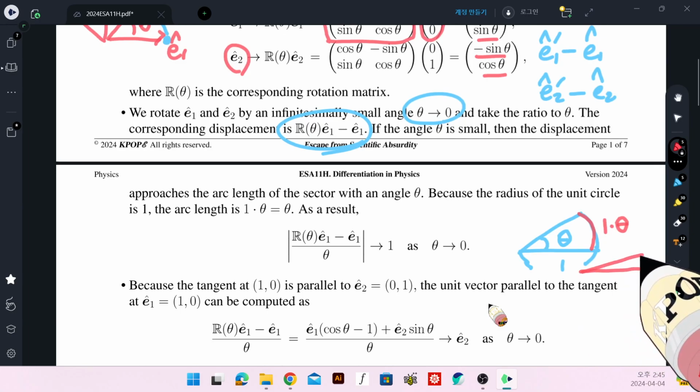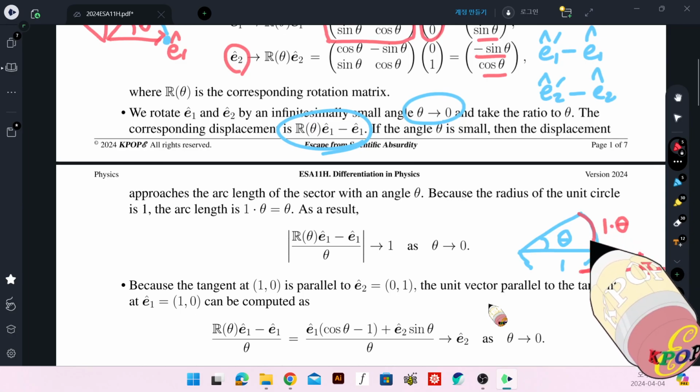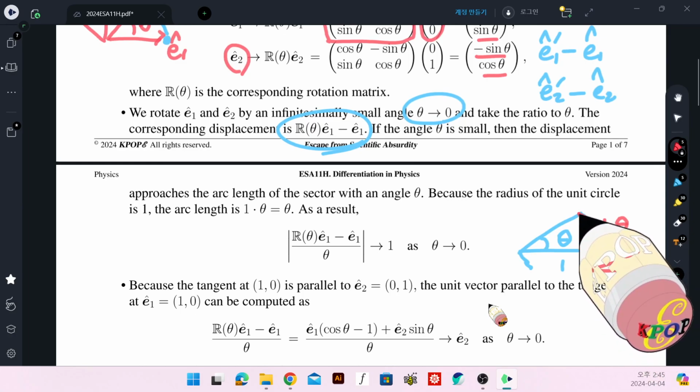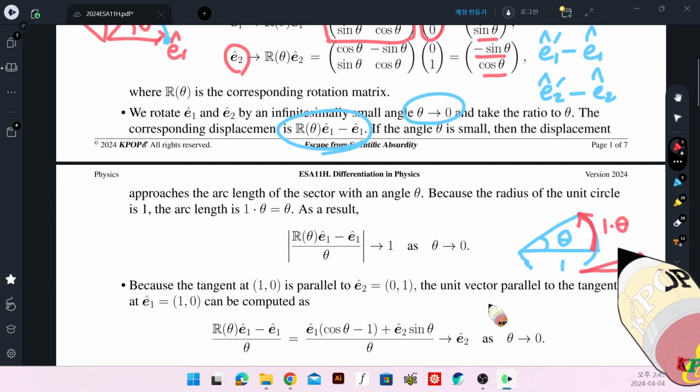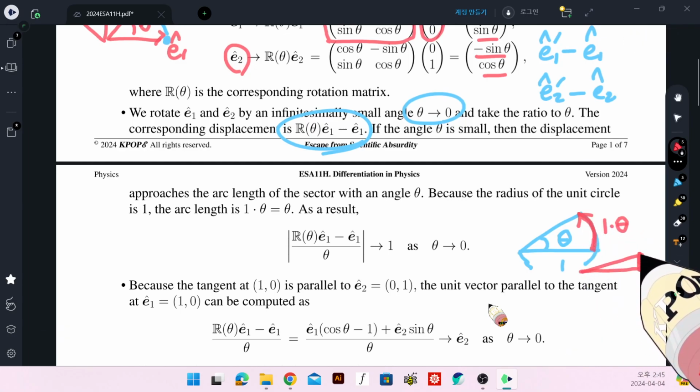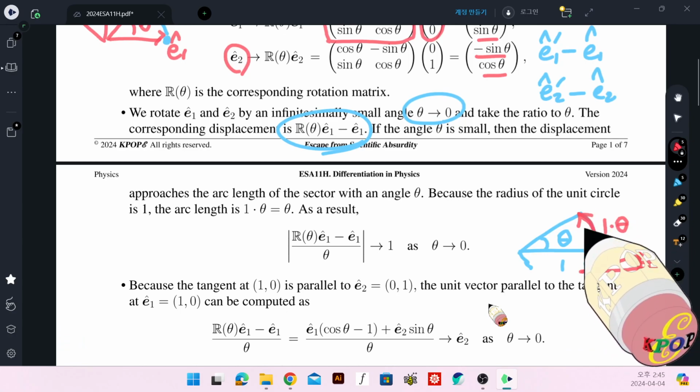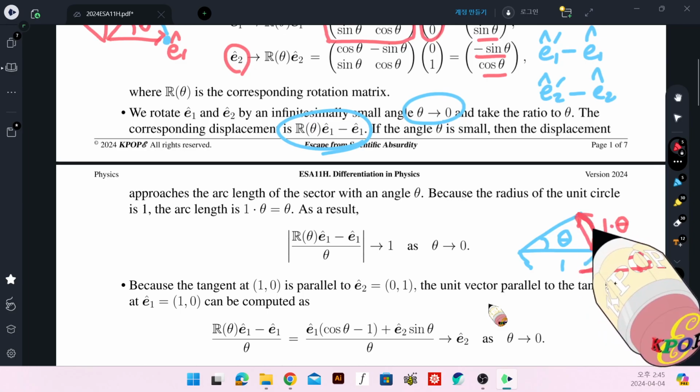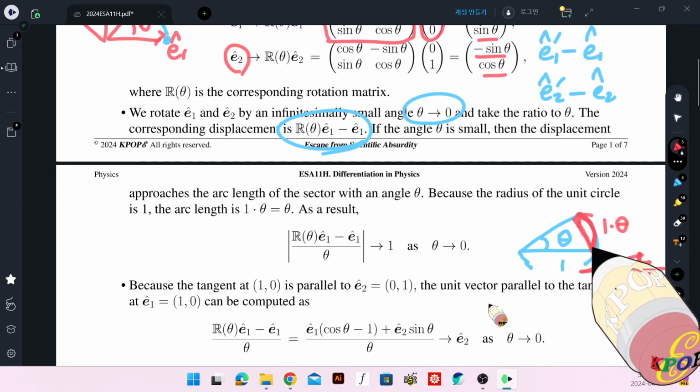As the angle becomes smaller and smaller, the arc is not curved anymore. It becomes straight, and the length of this chord approaches the arc length.